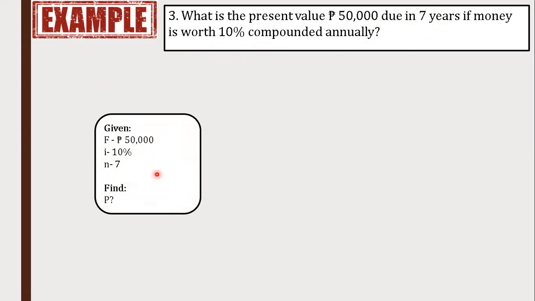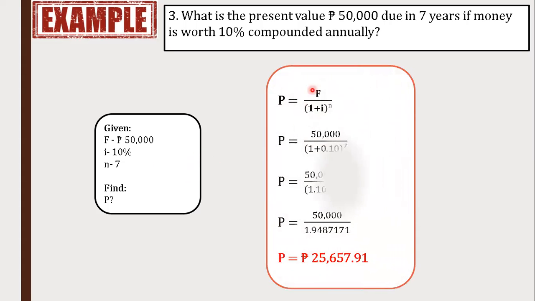We need to find P. Therefore, we need to change the formula or derive the formula. And how are you going to derive that? Do it like this. So that's P is equal to F all over the quantity of 1 plus I, quantity raised to the power of n.